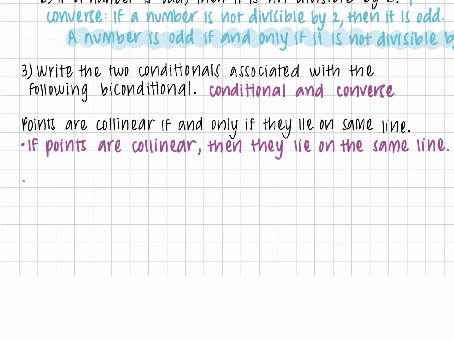Now I'm going to write the second one by just using the converse. So we have if points lie on the same line, then they are going to be collinear.